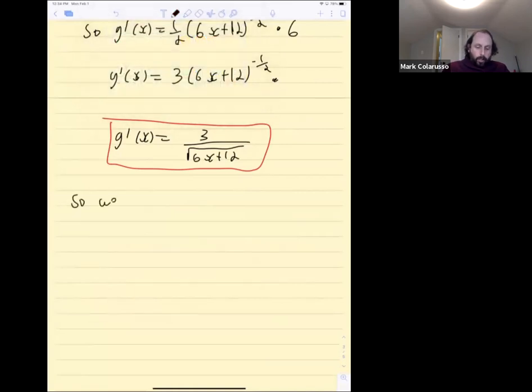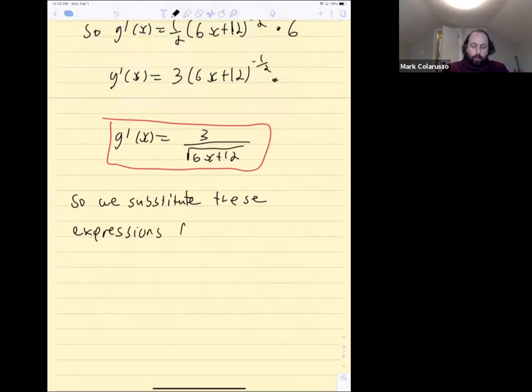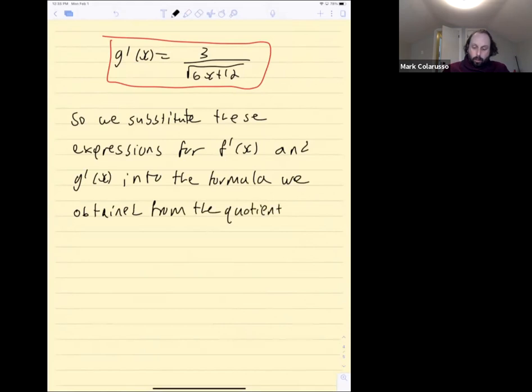So we substitute these expressions, for f prime at x and g prime at x, into the formula we obtained from the quotient rule, which we just do here.